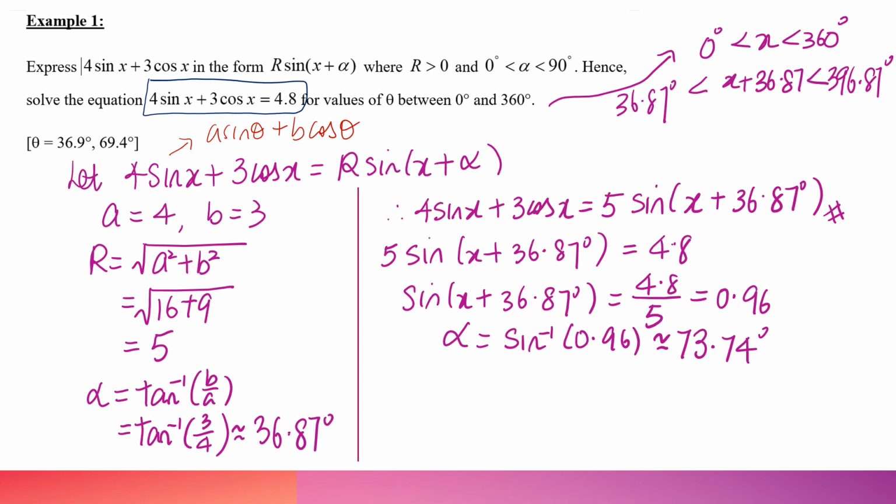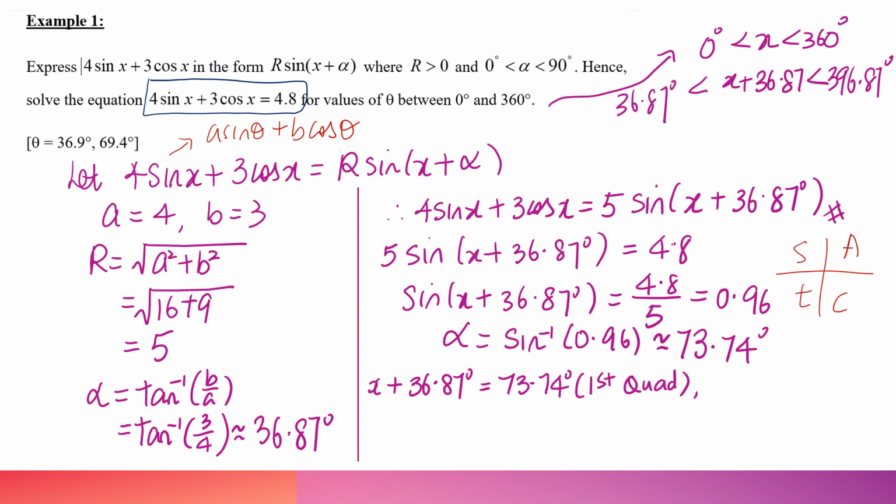And also from your ASTC, we can sieve out the quadrants where your angle X are hiding. So using ASTC, as we are dealing with the positive value for sine, the angle will come from the first quadrant or the second quadrant.